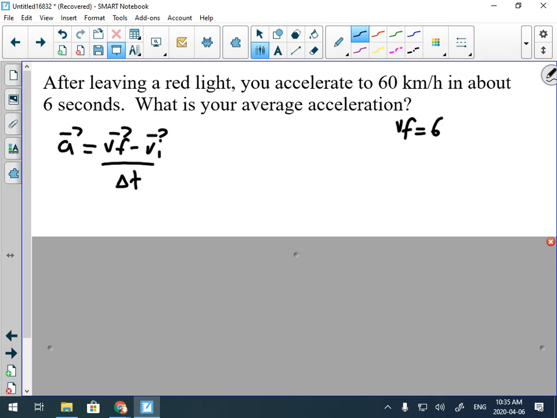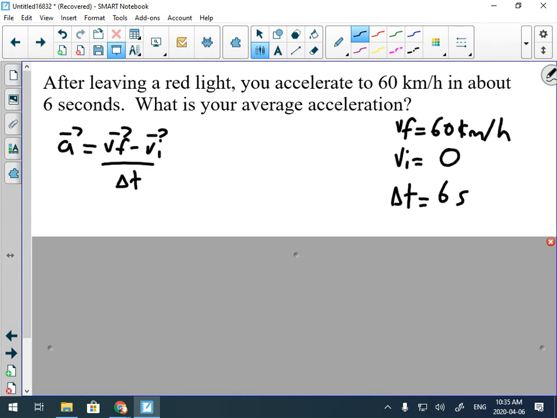Now, our final velocity is 60 kilometers an hour. That's what we got to. If we were at a red light, what do you think our velocity initial was? If you said 0, you're right. We went from 0 to 60. And the delta t is 6 seconds.